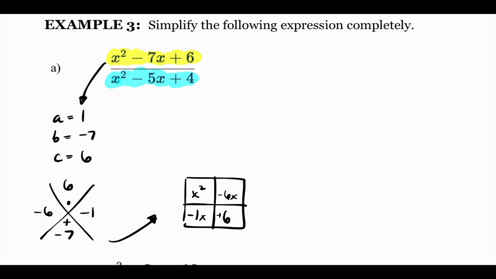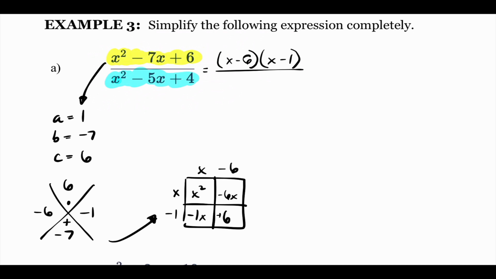So it's x times x. And then you're going to get x minus 6 and x minus 1. Okay. Top is factored.